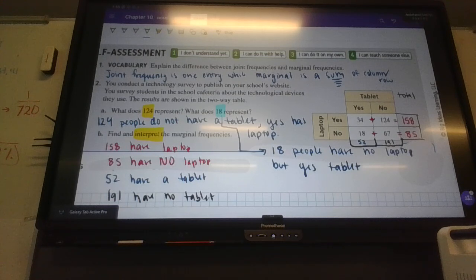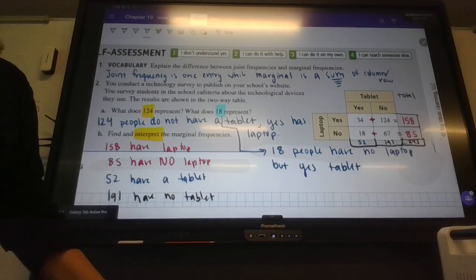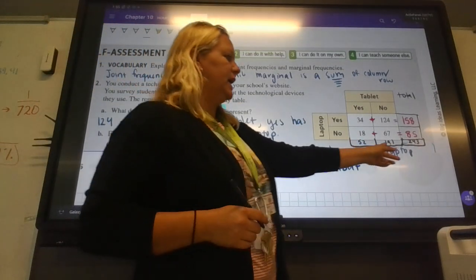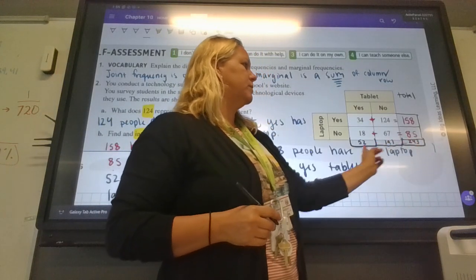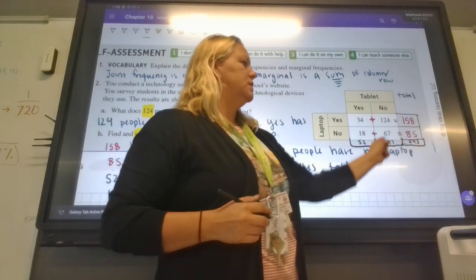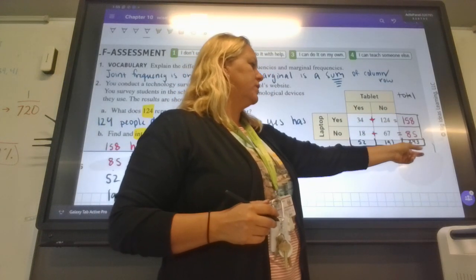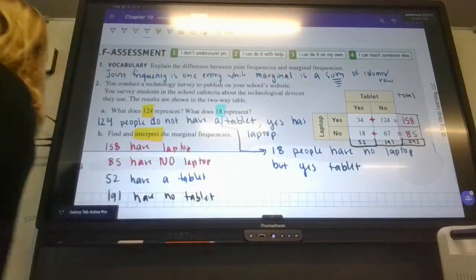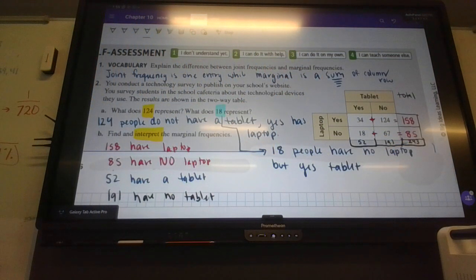So when you total all of them together, it gives you a total for the total number collected. This means that when I add this way, 243 people were asked about tablets. And when I add this way, 243 people were asked about laptops. So 243 people were polled in total.